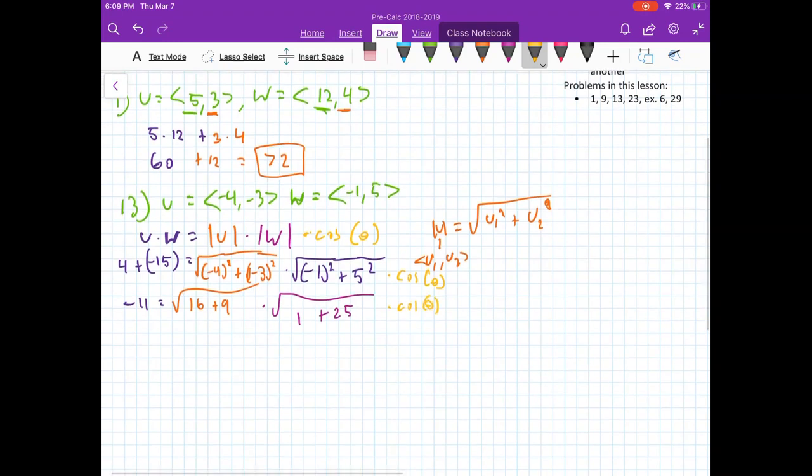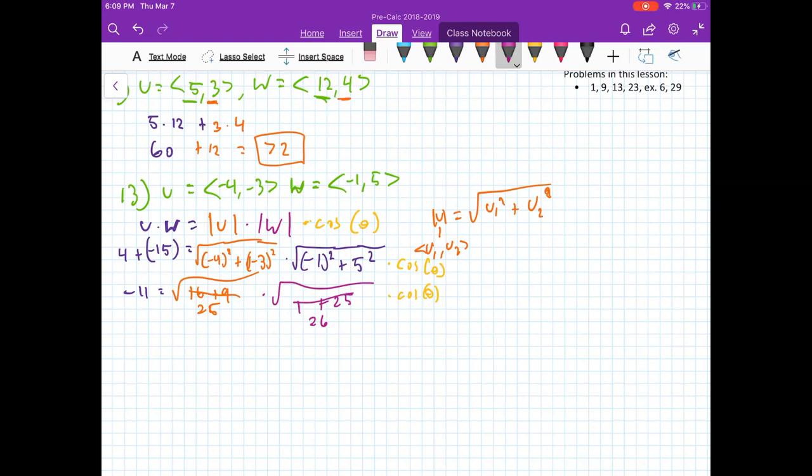All right. Well, this 16 plus 9, that's just 25. This 1 plus 25 is just 26. Great. So we can go ahead and try to solve this even further. We say -11 equals the square root of 25, that's just 5, times the square root of 26, times cosine theta.